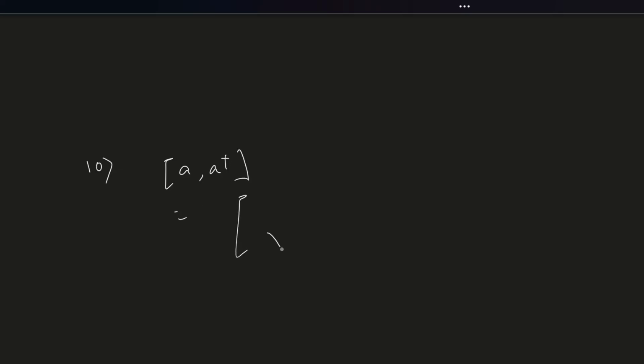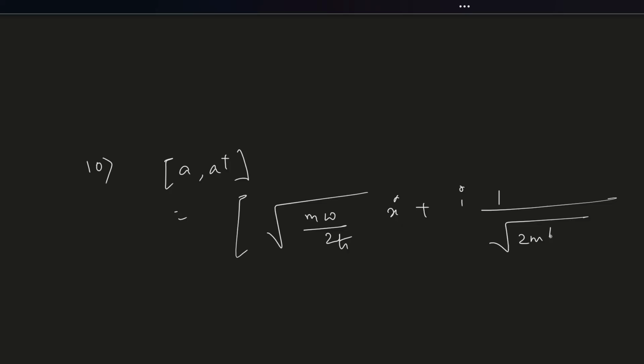So we put the expression of a directly, which is root over m omega by 2 h cut x cap plus i times 1 by root over 2m h cut omega p cap, and a dagger is root over m omega by 2 h cut x cap minus i root over 1 by 2m h cut omega p cap. So this is the whole idea.